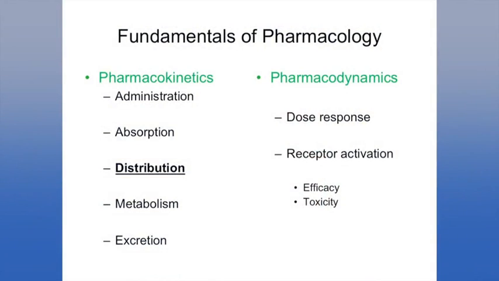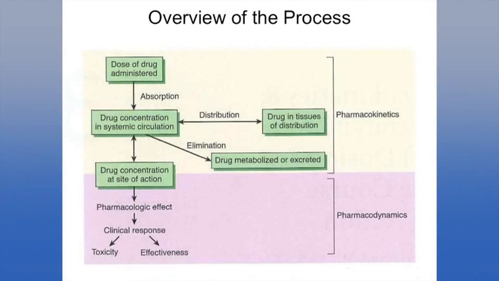So now we're going to move on to the third principle of pharmacokinetics, distribution. And we'll return to this same slide again as a good anchoring point. So we've talked about you give a drug, you measure the amount of the drug that's absorbed by measuring the bioavailability.